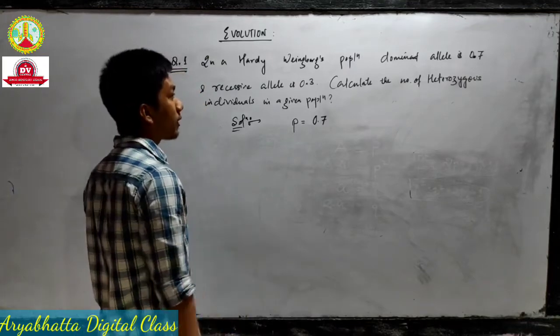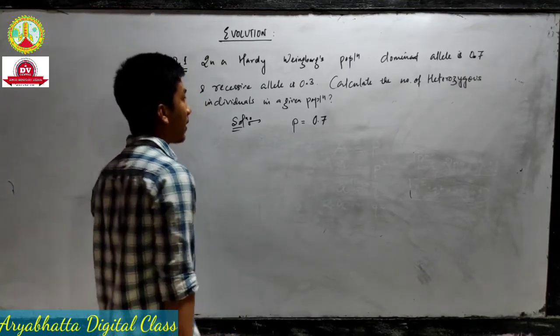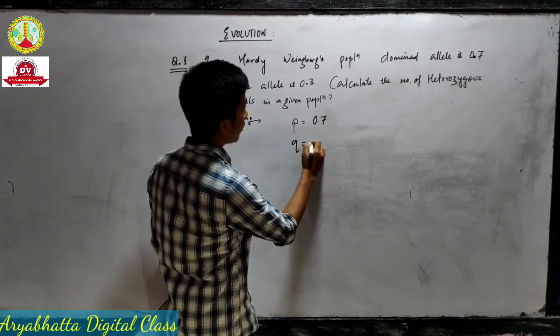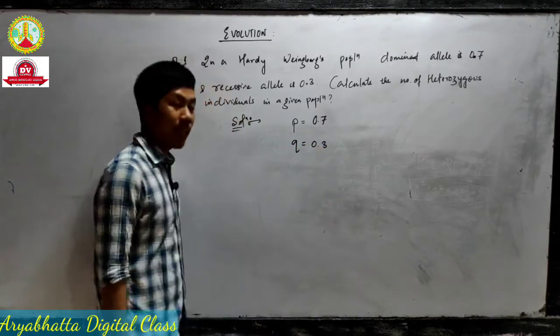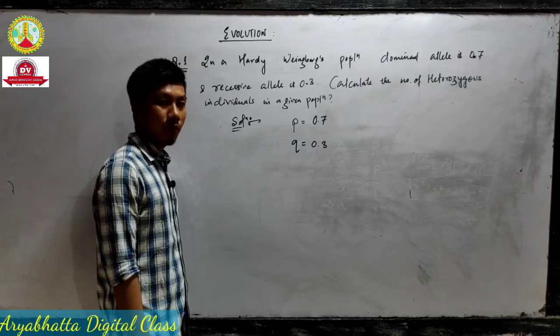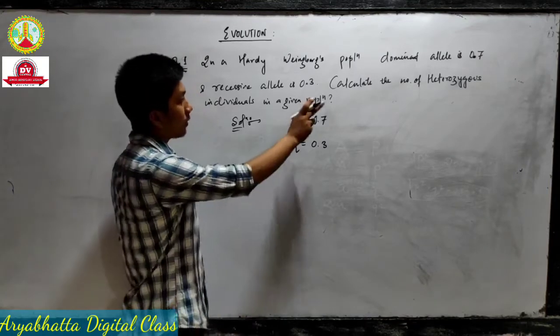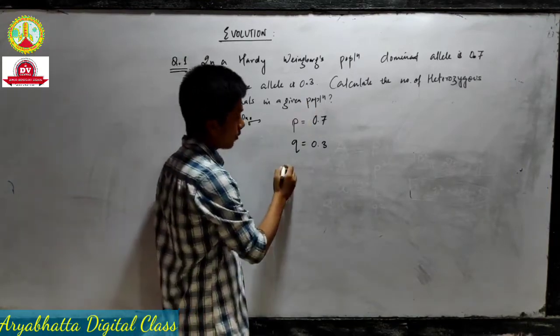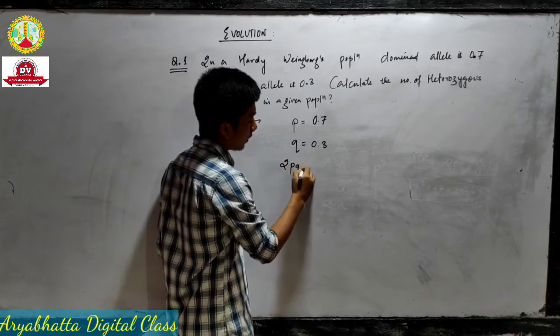So the dominant allele is given as 0.7 and the recessive allele, Q, is given as 0.3. We need to find the heterozygous individuals, so we need to find 2PQ.